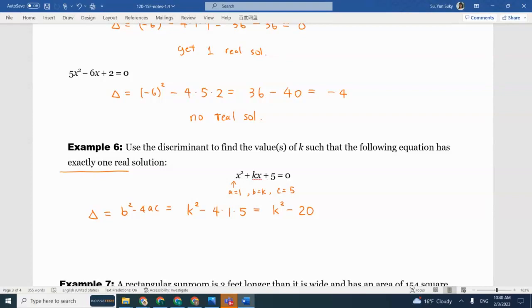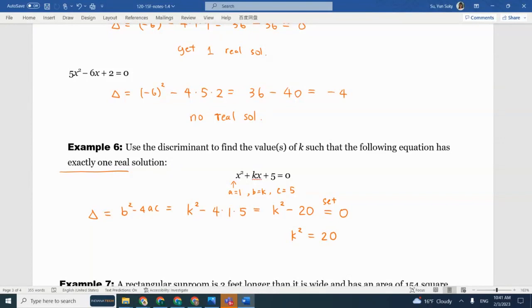So exactly one solution. The discriminant is what condition? Positive, negative, or zero? Zero. Yes. Right, everybody? We set it equal to 0. And we want to find k. What do you do? Yes. So we put the 20 to the other side first, right? So we get k squared equals 20.